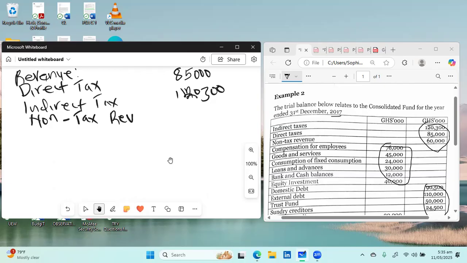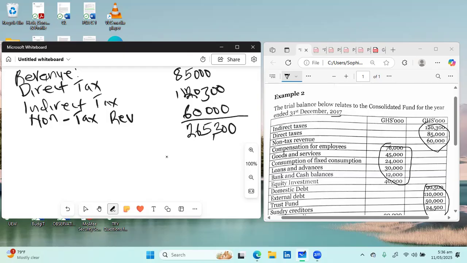Which is how much? 60,000. All right. So we can have our total revenue of how much? This and this will be 180,100. So 180 plus 85. Please point your calculators. 265,300. Is that correct? Yes, 265,300. All right.